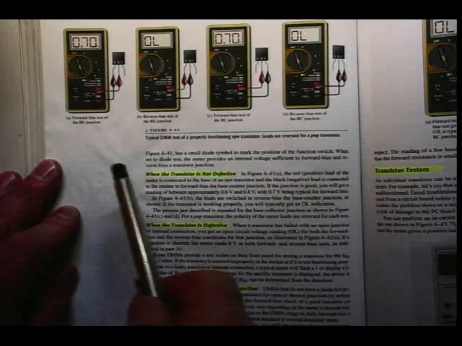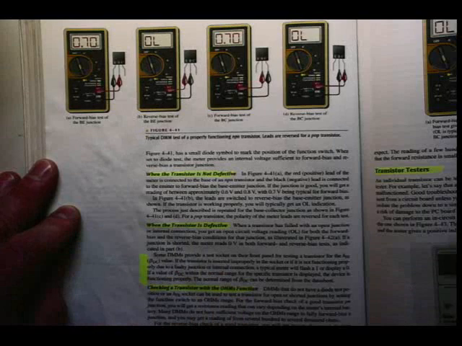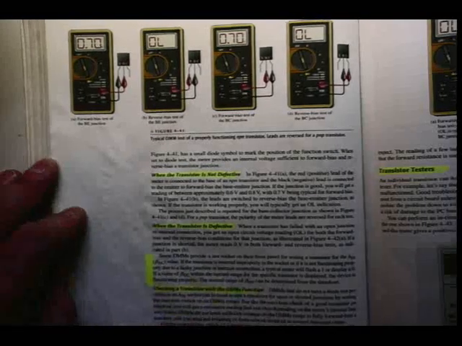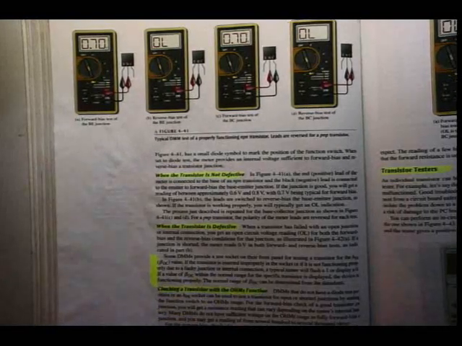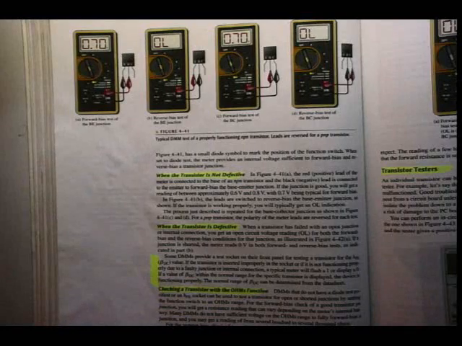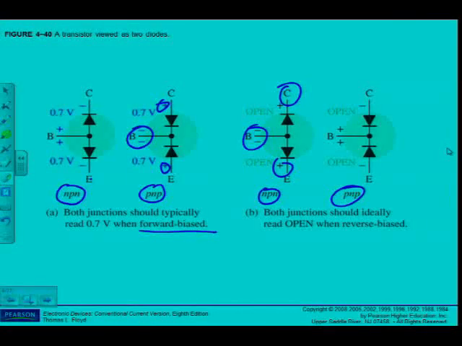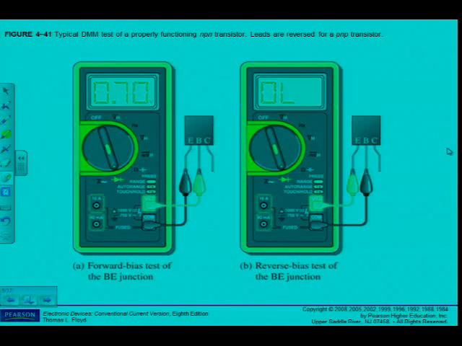So you can see there for the first one, forward bias test for a base emitter junction. Note the colors on the transistor. If you go back, let me just display these figures. Right, the colors are a bit funny on the screen.